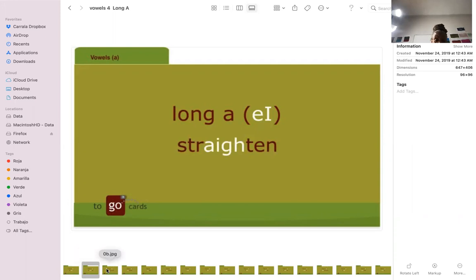straighten, straightforward. You know, I don't know how to pronounce that. Aiguillette. That's more French than English. And let me tell you, it's not a very common word. I wrote it down, but you see, I don't know everything.